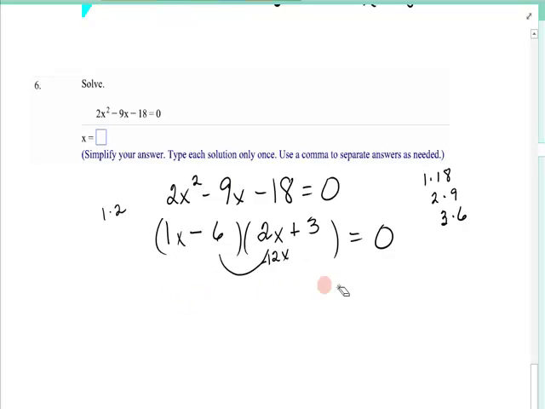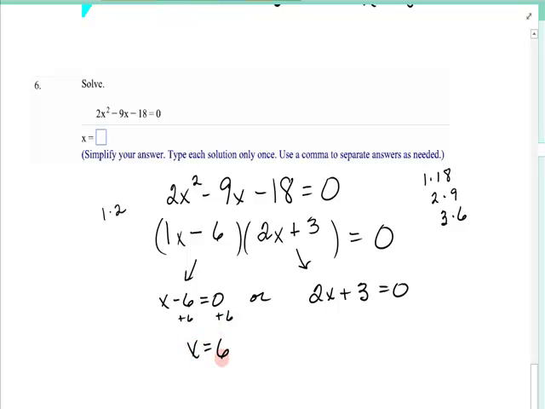So that particular problem is a little more involved factoring, and I'm not through because I just have the product of these is equal to 0. That means that, and I'm not going to write the 1, that x minus 6 is 0, or 2x plus 3 is 0. For the first one, add 6.